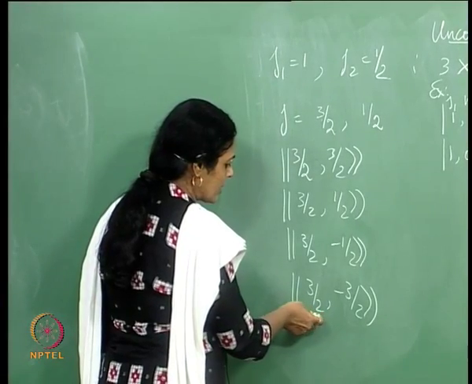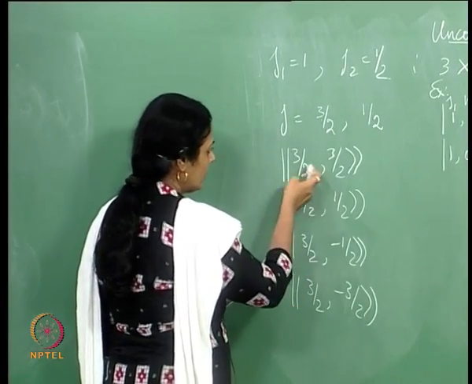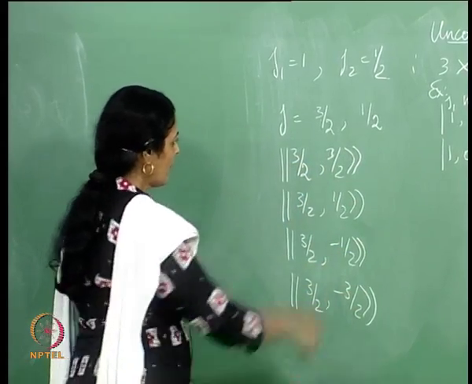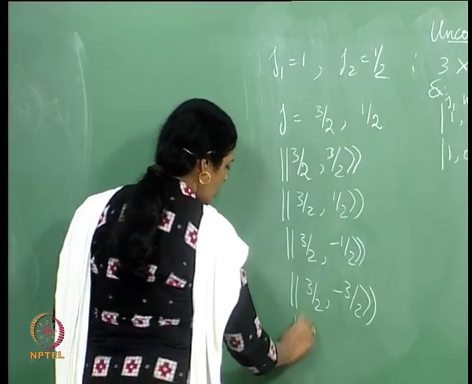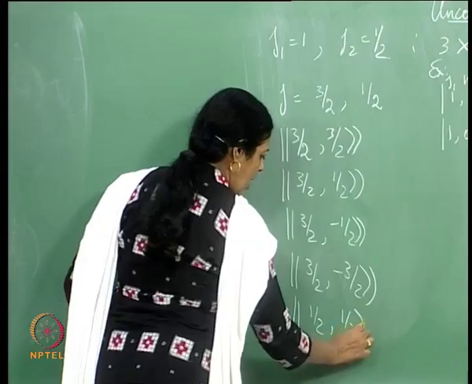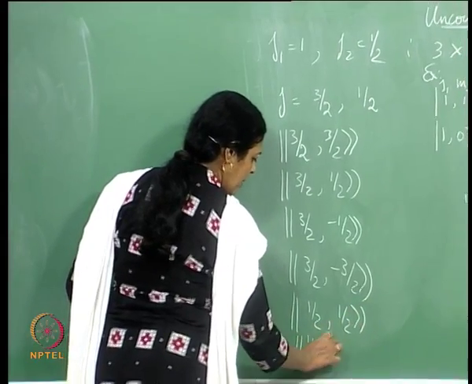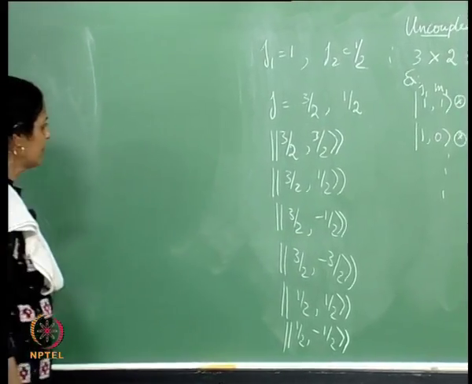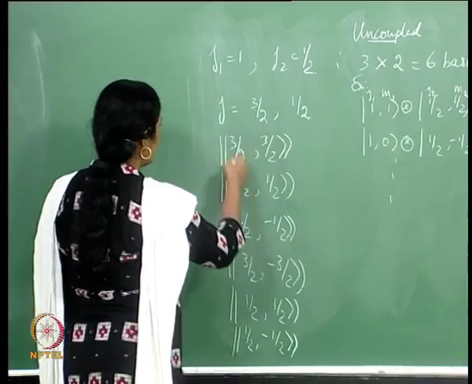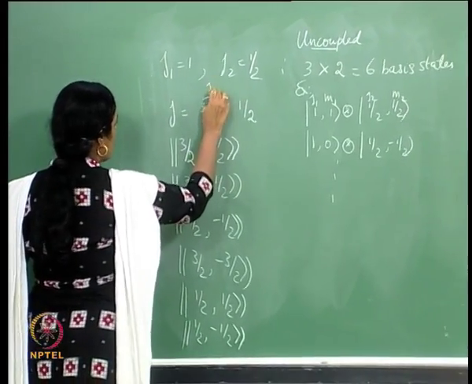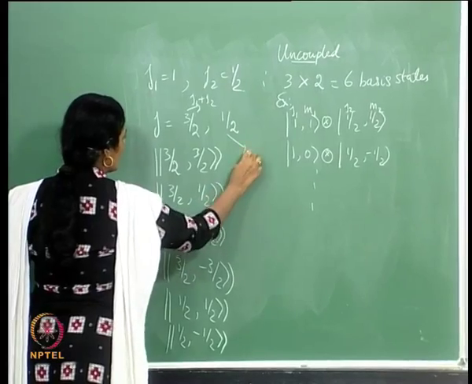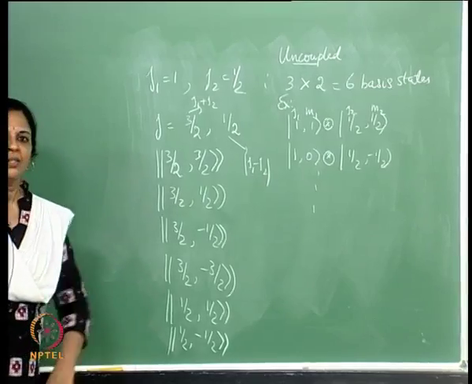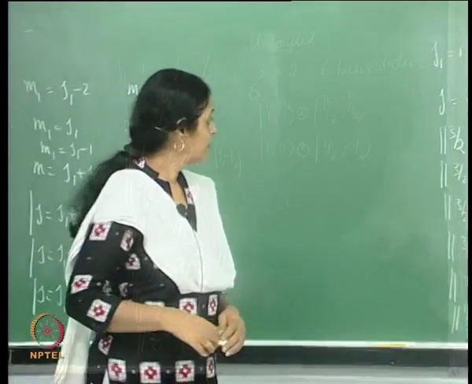So, this is the case j comma j, that is the case j comma minus j, and m comes down in steps of 1. Then I have j equals half. So, that gives me the other 2 states, half half and half minus half, thus accounting for 6 states. So, j reduces from j1 plus j2 to the modulus of j1 minus j2 in steps of 1, which is what we have got here, and we have accounted for the basis states.